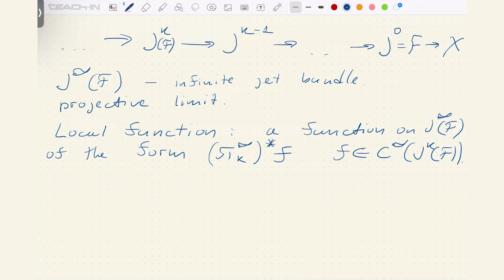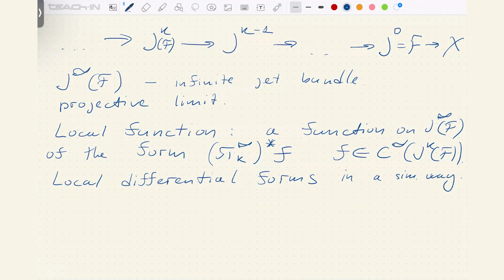In a similar way, one can consider local forms. For instance, this Lagrangian function is precisely an example of a local function, because we require it to depend on a finite number of derivatives only. In a similar way, we can define local differential forms, because pullback is perfectly defined.